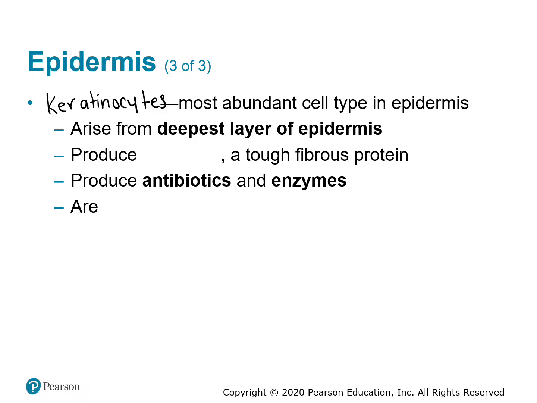They produce keratin. They also produce some antibiotics and enzymes. That's what prevents, like, every time you get a cut, it doesn't immediately get infected. Those keratinocytes also make some mild antibiotic properties and some enzymes that break stuff down so that not every single thing that touches your skin makes you ill. And they are dead at the skin's surface.